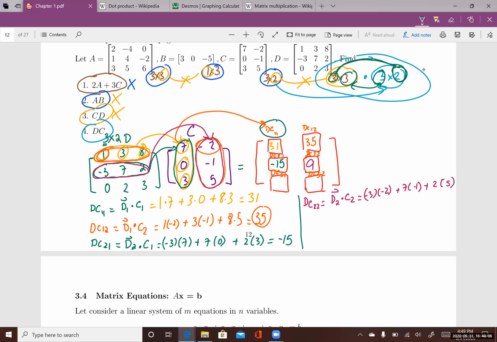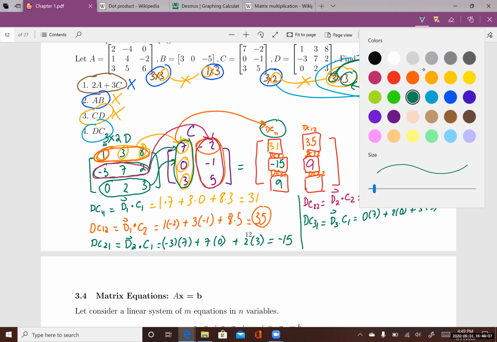You want to find DC31. That means you take the third row of D and dot it with the first column of C. The third row of D will give 0 times 7 plus 2 times 0 plus 3 times 3, which is 9.